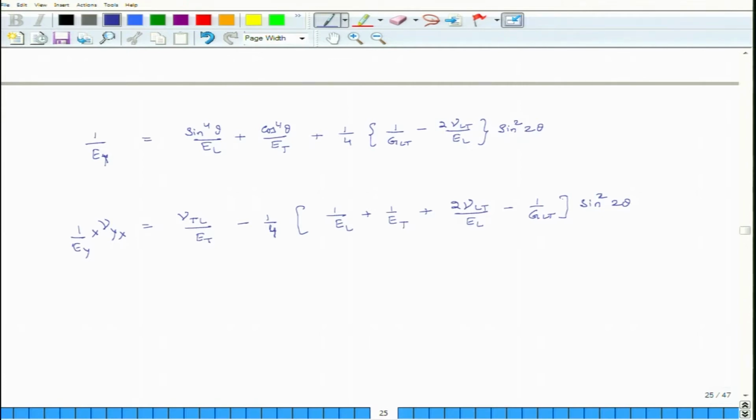So this is the second relation, and the third relation. There is a little confusion on the left side, so I will make it explicit.